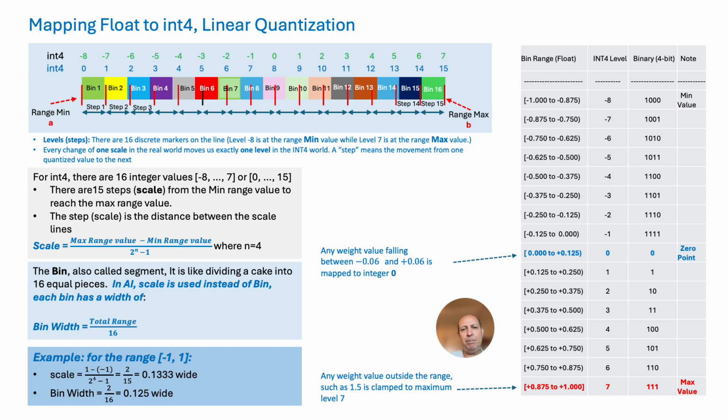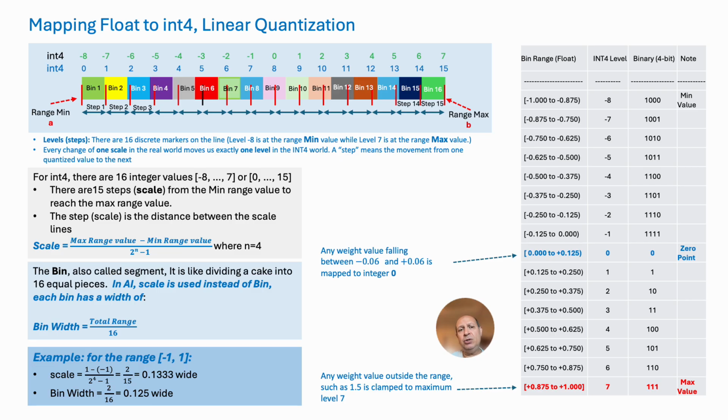It takes one step, also called one scale, to jump from quantized level -8 to quantized level -7, and it takes 8 jumps from level -8 to reach quantized level 0. It also takes 15 jumps, i.e. 15 steps, to move from level -8 all the way to level 7.